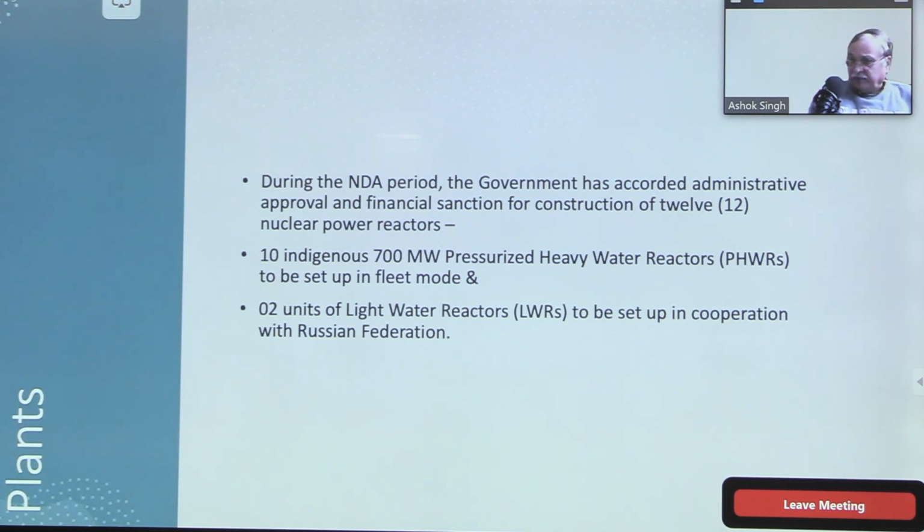Now, the period of Mr. Modi as Prime Minister: 10 reactors, 700 megawatt pressurized heavy water reactors made in India, and 2 units of LWRs to be set up in association with Russia.